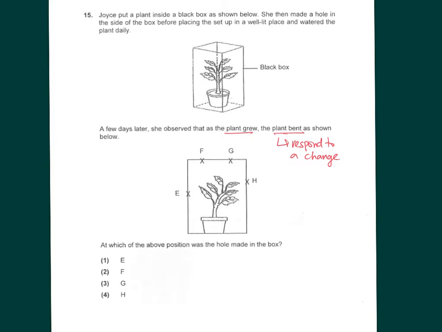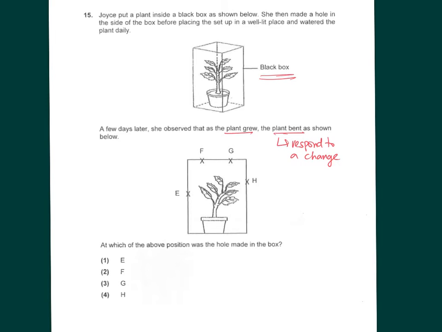So, at which of the above positions could the hole be made? Now, why is it going to be bending? Because it is responding to possibly light. Because this is a black box, light is not able to enter, and in order for the plant to survive, it needs to get light, right?